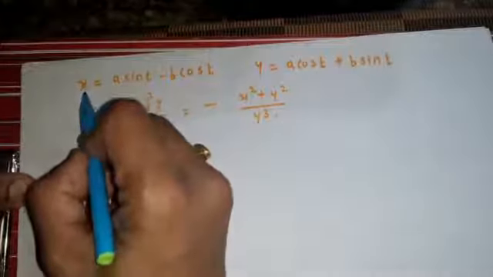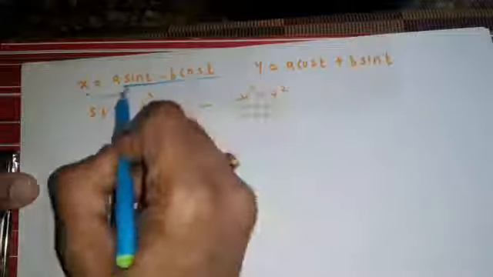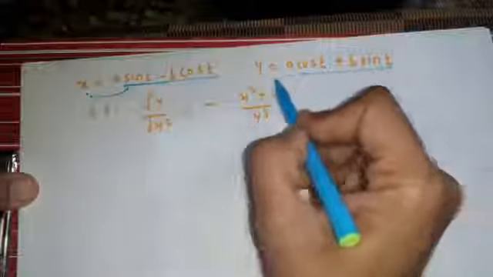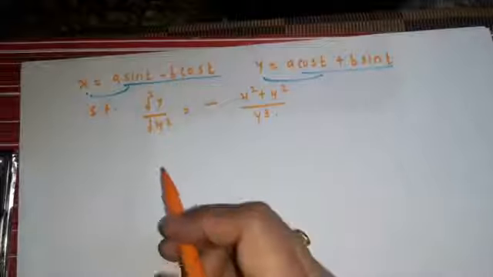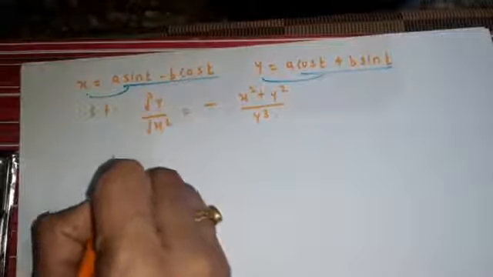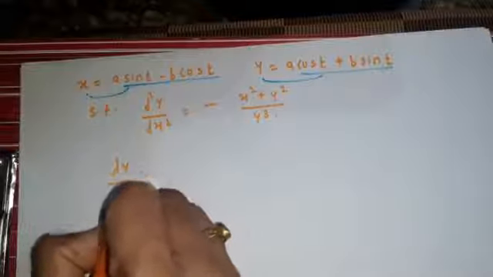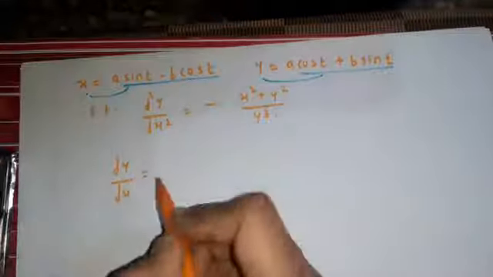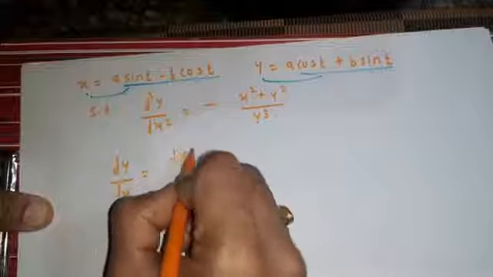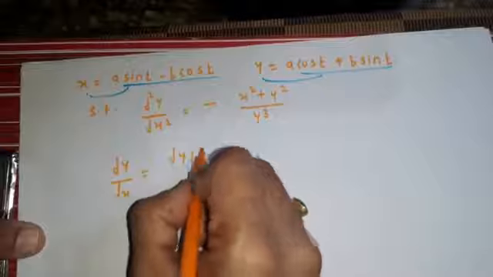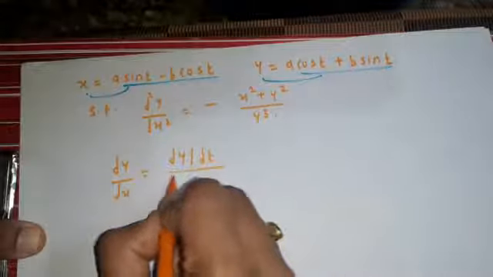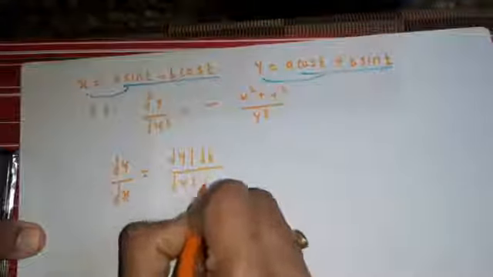Okay students, first note that here x is the function of t and y is also the function of t, and therefore by using the parametric formula we can find the dy by dx. First find dy by dx and then differentiate. So here dy by dx is the differentiation of parametric function, that is dy by dt upon dx by dt.